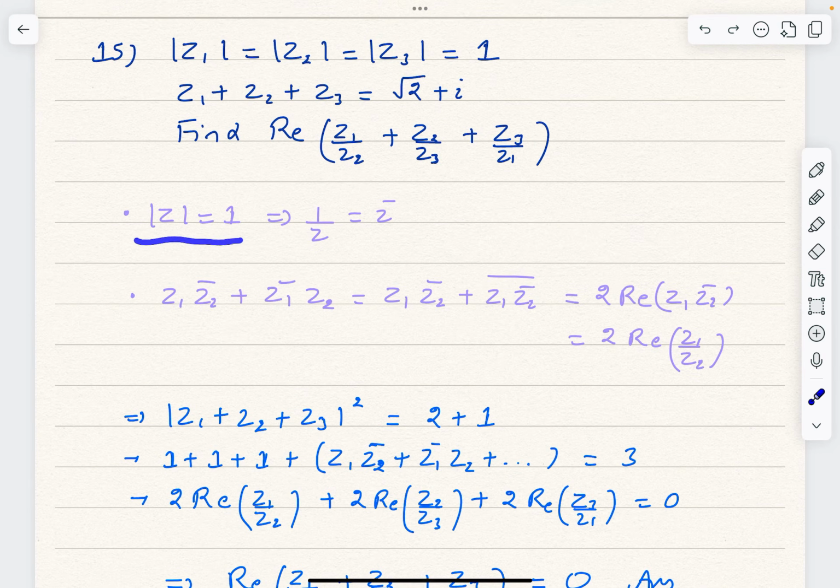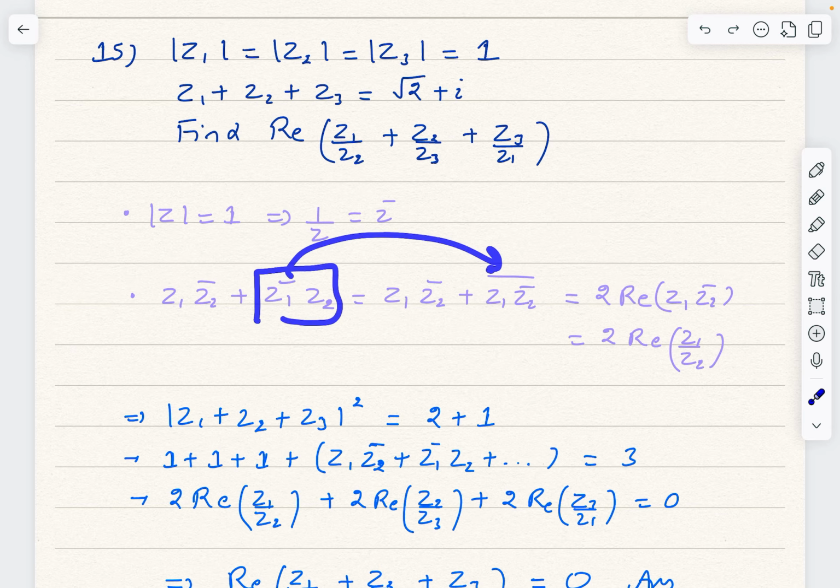Again, when mod z is 1, 1 by z is z bar. So z1 by z2 we can write as z1 z2 bar. Sorry, z1 z2 bar plus z1 bar z2. This we can write as z1 z2 bar plus z1 z2 bar whole bar also, no? You see this thing? Because z bar of bar will be z only, no?